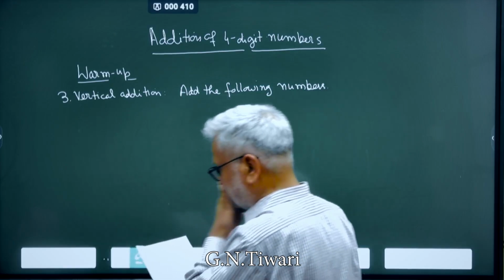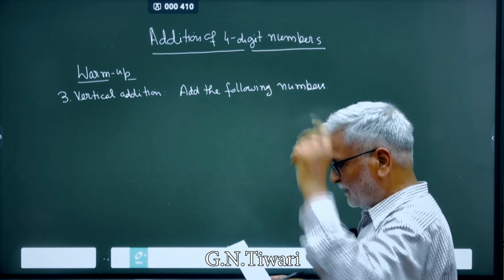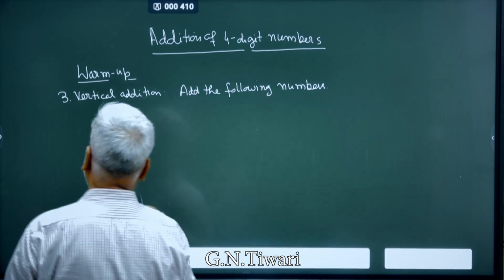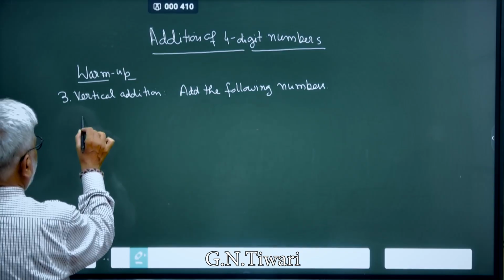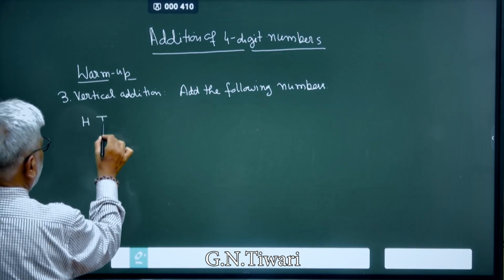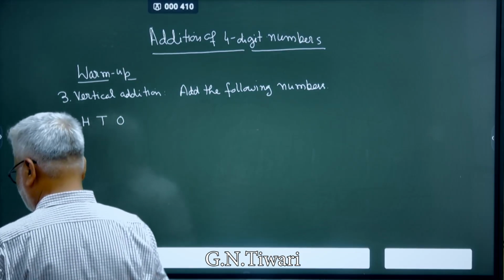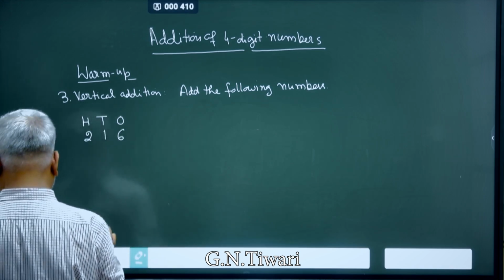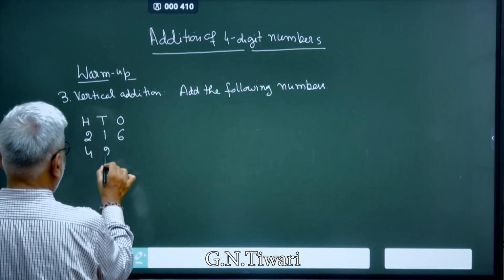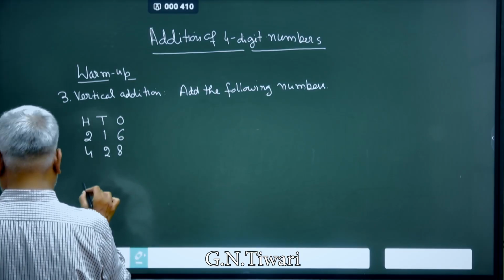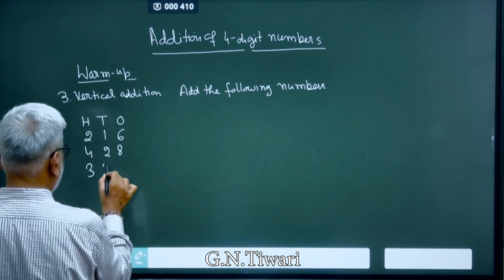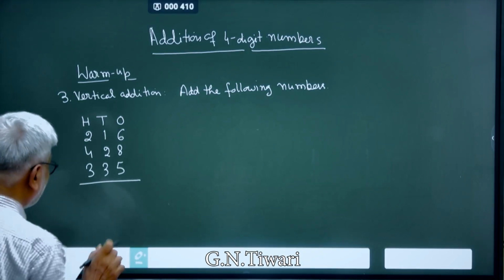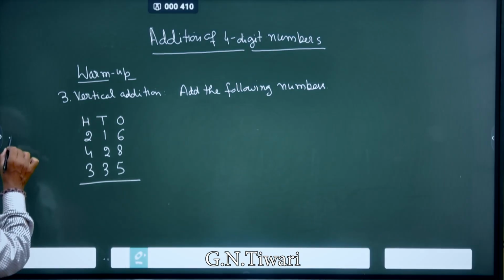And be careful, be clear that there are three-digit numbers, H, T, O. Now see: 2, 1, 6, 4, 2, 8 and 3, 3, 5. As I mentioned, this is addend one.